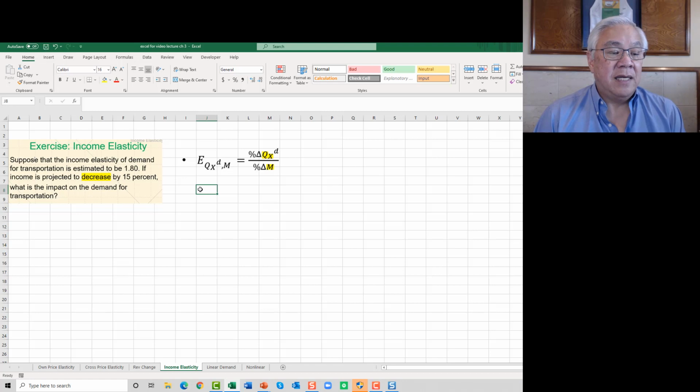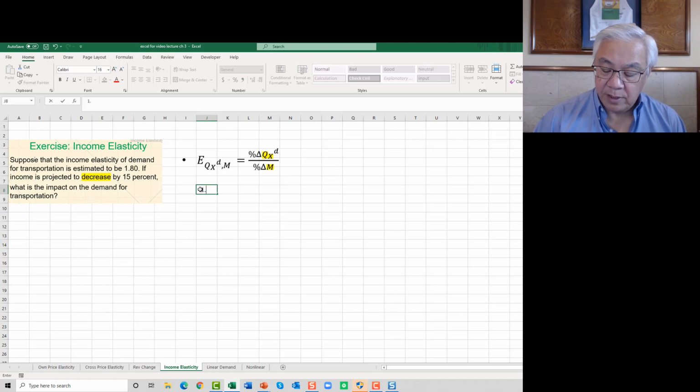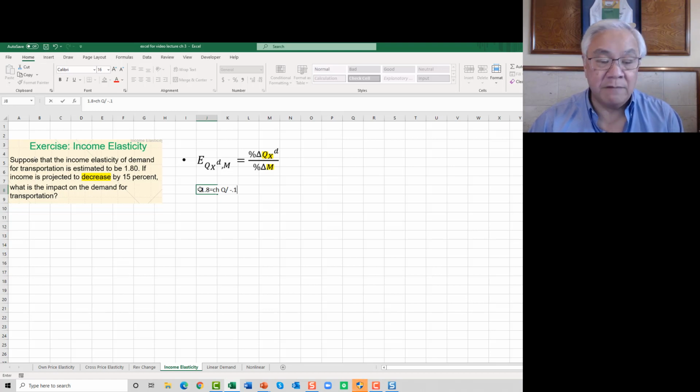We know that the income elasticity of demand for transportation is 1.8, and then that equals the change in quantity divided by the change in income, which is going to decrease by 15%, so negative 0.15.